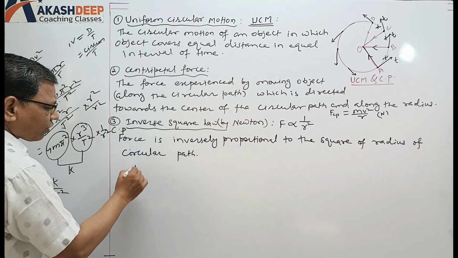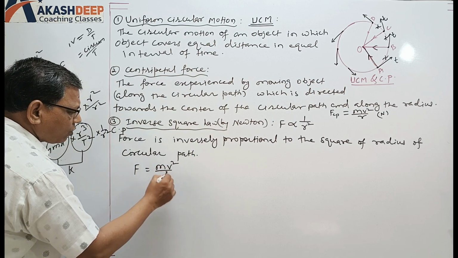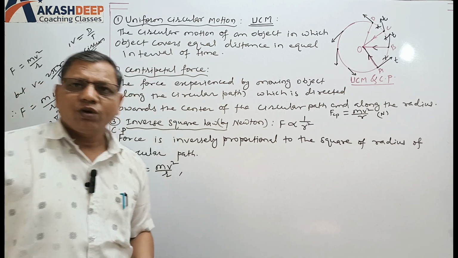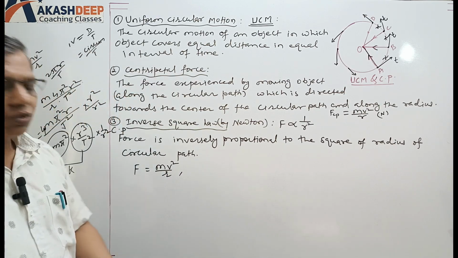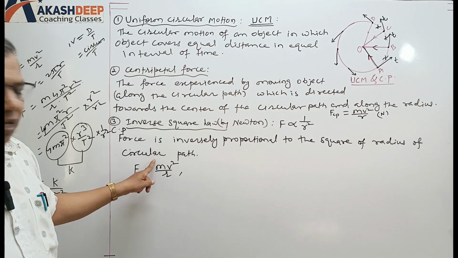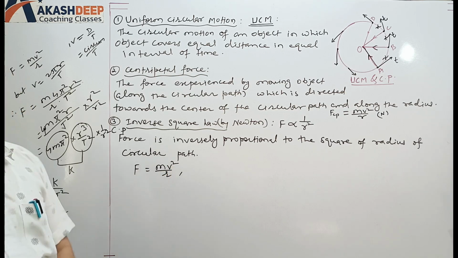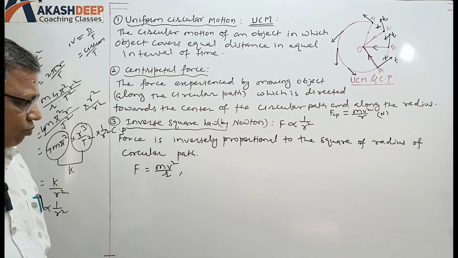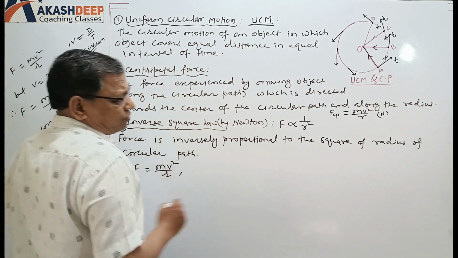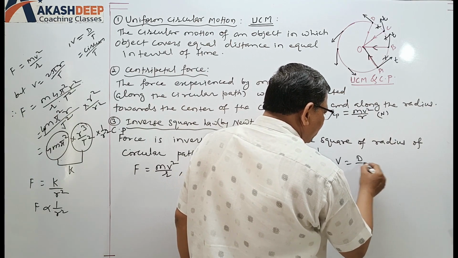Now see, F is equal to mv square upon r. This is the mathematical expression which includes the centripetal force, and here m is the mass of the object, v is the velocity of the object, r is the radius of the circular path. We know that velocity is equal to distance upon time.